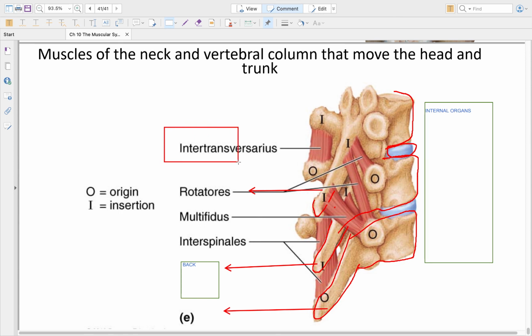The intertransversarius. What do you think it's connecting? It's in the name. These muscles are in between every vertebrae, right? And it specifically connects 2 transverse processes from 2 different vertebrae.